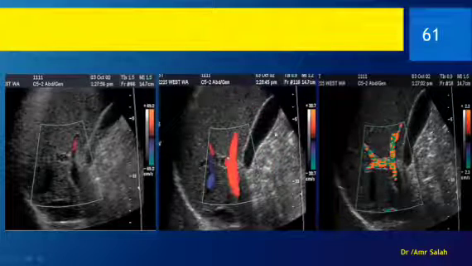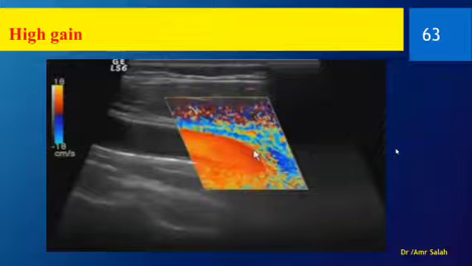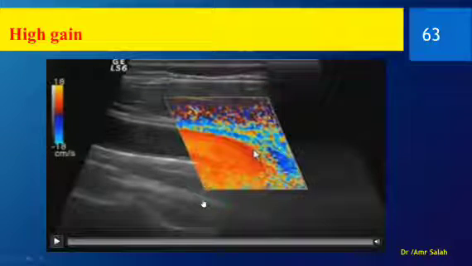Okay, let's move on. So we have now finished the steer and the scale, also known as the BRF or the velocity. Okay, so now the gain. The gain of the color controls the intensity of the color in the whole of the color box.